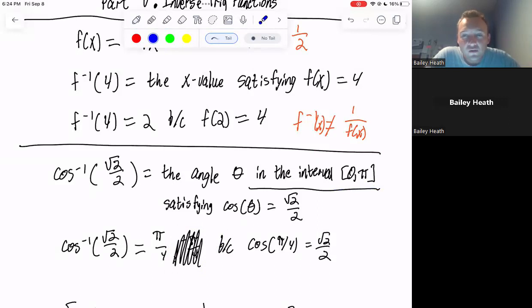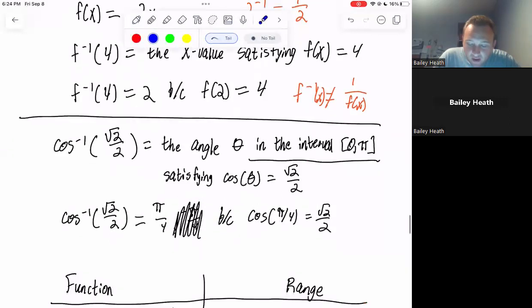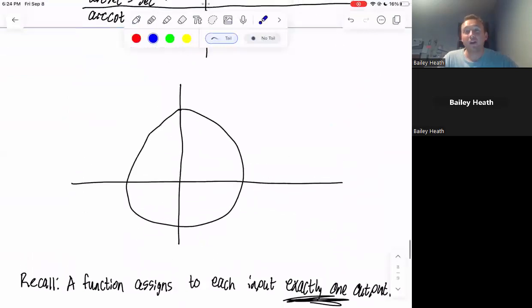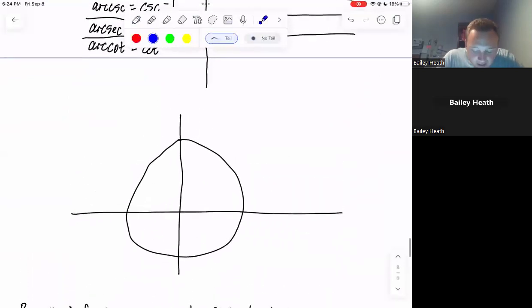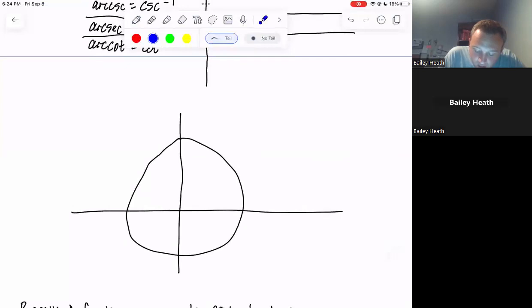Notice this interval from 0 to pi is admittedly somewhat arbitrary, but not entirely. If we go from 0 to pi on the unit circle, notice that we hit every value of cosine exactly once. Cosine can go anywhere from -1 to 1.